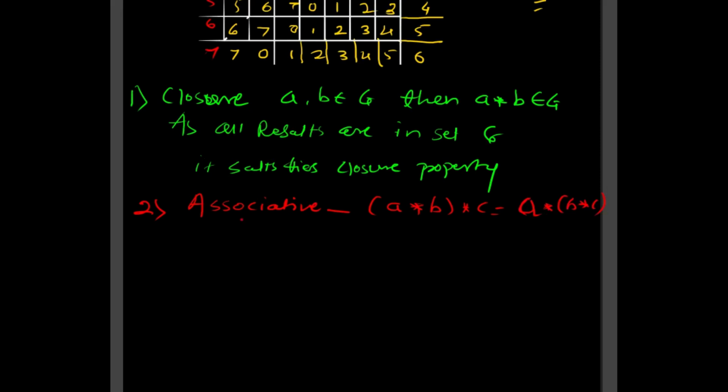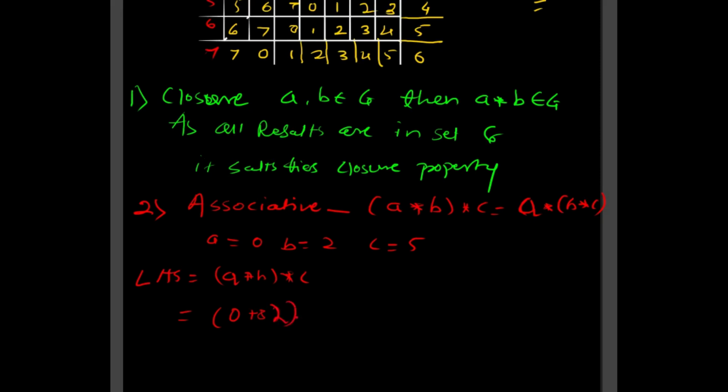Okay, now let us take any numbers. A equals 0, B equals 2, C equals 5. You can test for any numbers, any possible A, B, C, all belonging to set G. Then the left hand side we will write as LHS equals (A star B) star C. The operator here is plus 8, element A is 0 and B is 2.